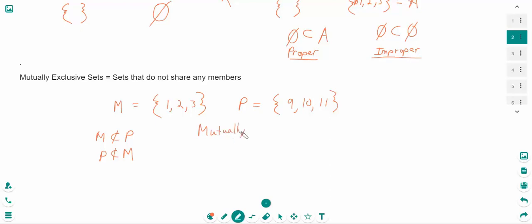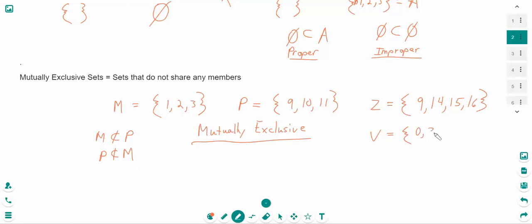Now, if I have a third set, let's call it set Z, and this set is going to be equal to 9, 14, 15, and 16, let's say. And let's give another one here, a set V, and this one is going to be equal to 0, 3, 9.